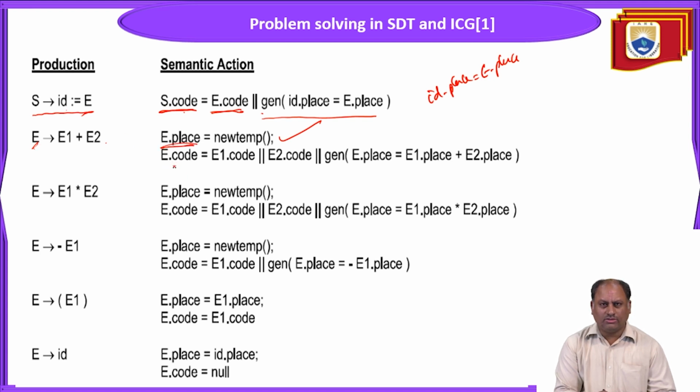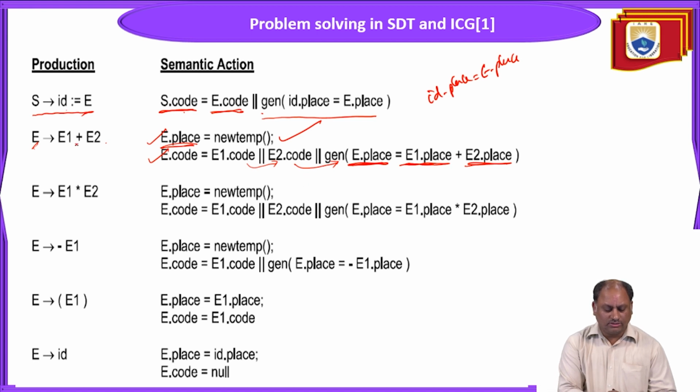So we write a two-step notation, where one is E dot place and another is E dot code, where the address of that particular reference and the temporary variable creation are handled. Here there is a pipe symbol, which supplies the output as input to the other one, so finally this statement is generated. So what is E dot place? It generates the addition of E1 dot place value plus E2 dot place value.